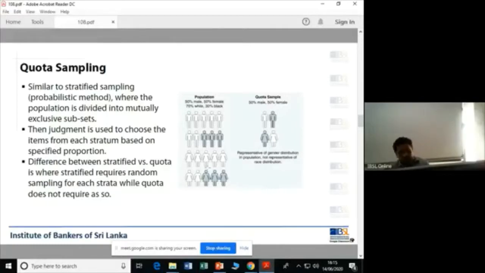Let's see what the slide says. This is similar to stratified sampling. That is another technique that we are going to discuss in a little while under the probabilistic sampling methods.